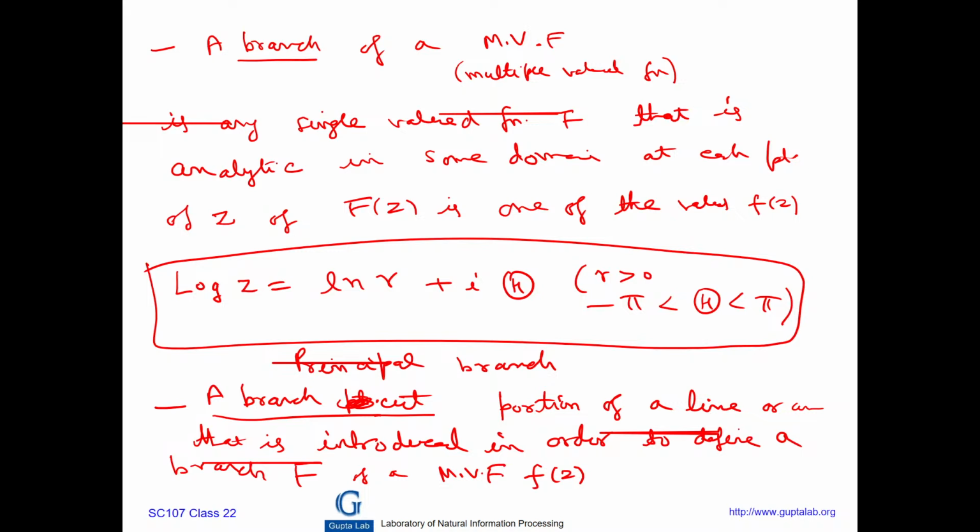So a branch cut is a portion of a line or a curve that is introduced in order to define a branch capital F of a multiple valued function f of z. A branch cut is kind of separating the branches. Now a branch point, a point which is common to all branches, is known as a branch point.